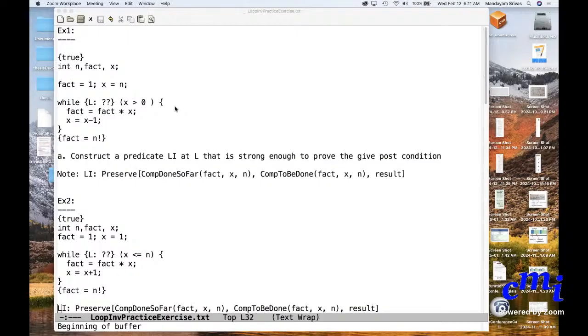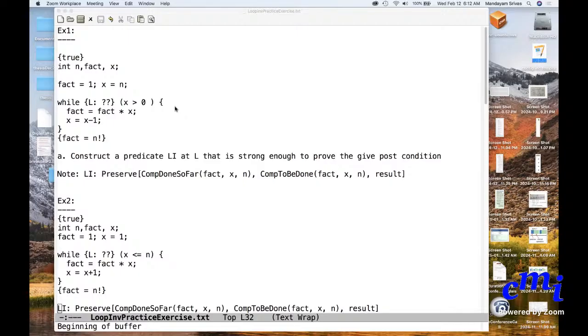Okay, so I had sent these three examples as practice exercise, for you to practice your skill on coming up with loop invariants, by email. I hope you had a chance to review it and take a crack at coming up with a loop invariant.